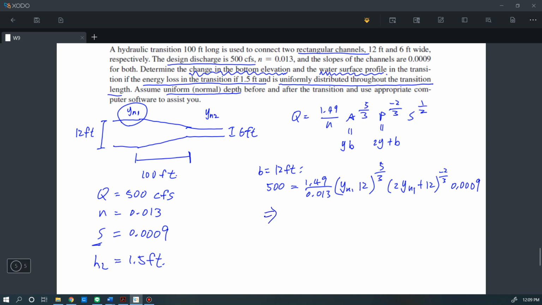You can use this to solve for yn using your calculator. And here I just give you the number: yn1 is 5.88 feet.